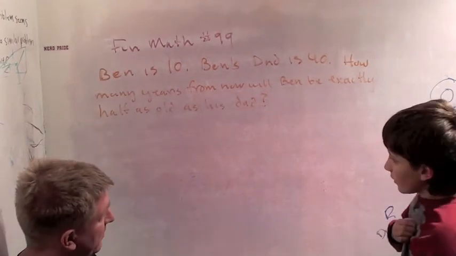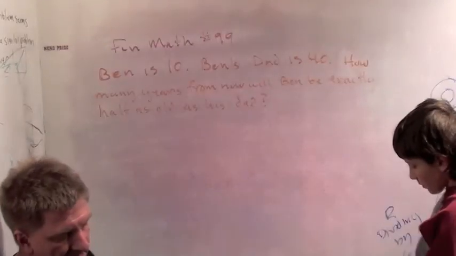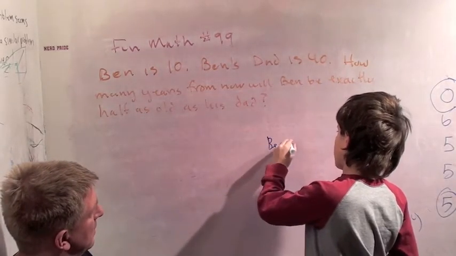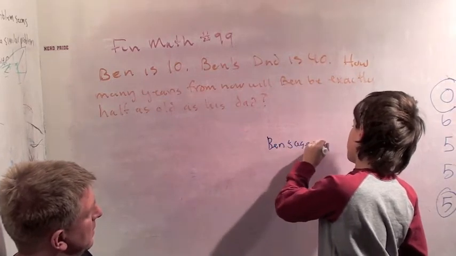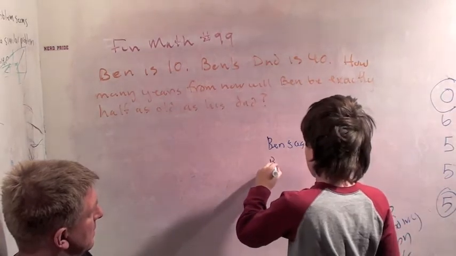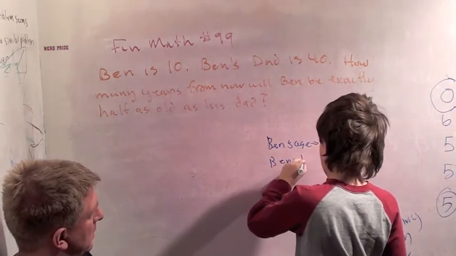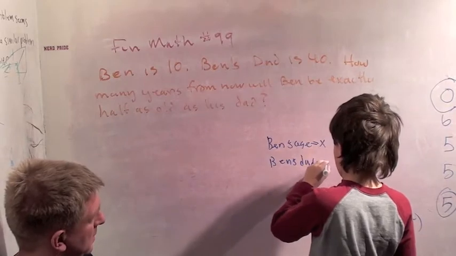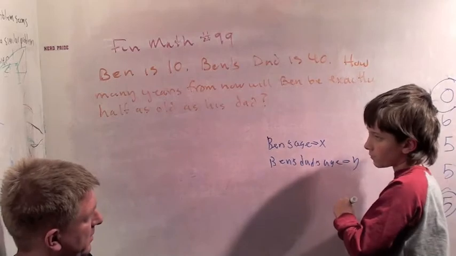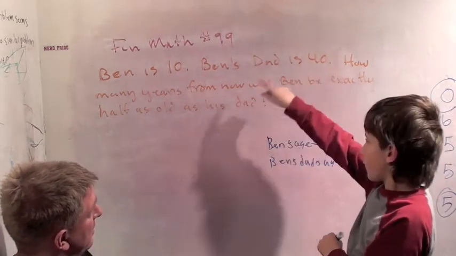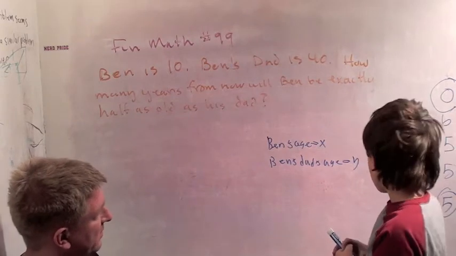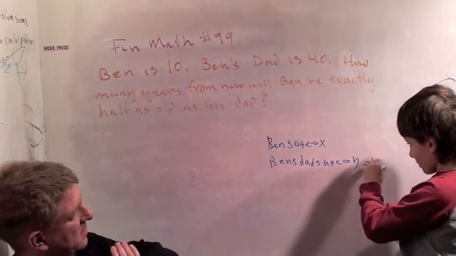Do you understand the problem? Yep. Alright, how do you solve a problem like this? Well, you can let Ben's age equal X, and Ben's dad's equal Y. Ben's age is X, except Ben's dad is 4 times as old as he is right now, so we could say 4X.